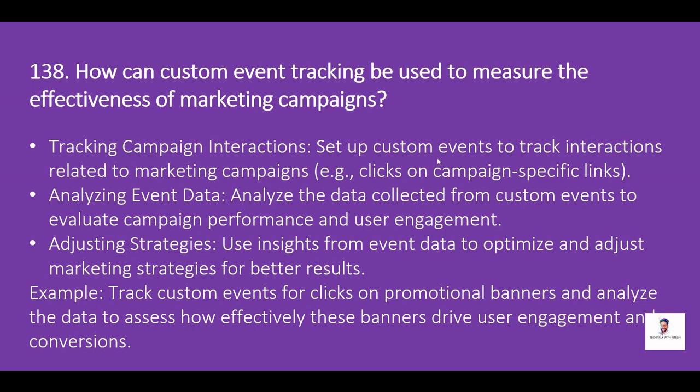Tracking campaign interactions: set up custom events to track interactions related to marketing campaigns, such as click events on campaign-specific links, right? Analyzing event data: analyze the data collected from custom events to evaluate campaign performance and user engagement. And adjusting strategies: finally, use insights from event data to optimize and adjust marketing strategies for better results.